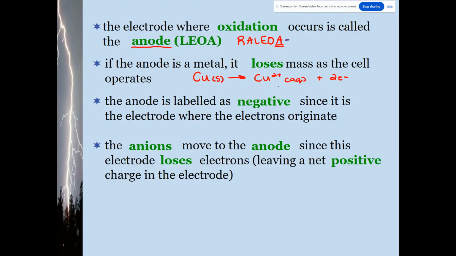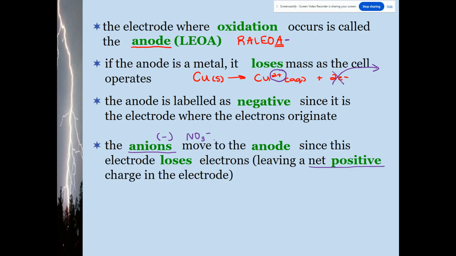However, as the cell operates, we're building up positive charge. The electrons are transferring over to the cathode, so they're going to be gone. And what's happening is we're building up positive ions. So there's actually a net positive charge that starts to build up on the anode as the cell operates, which means any anions in the solution, which are negatively charged ions like nitrate, for example.